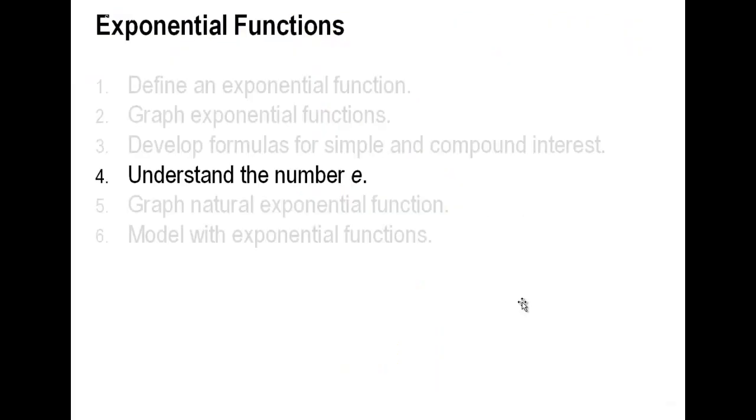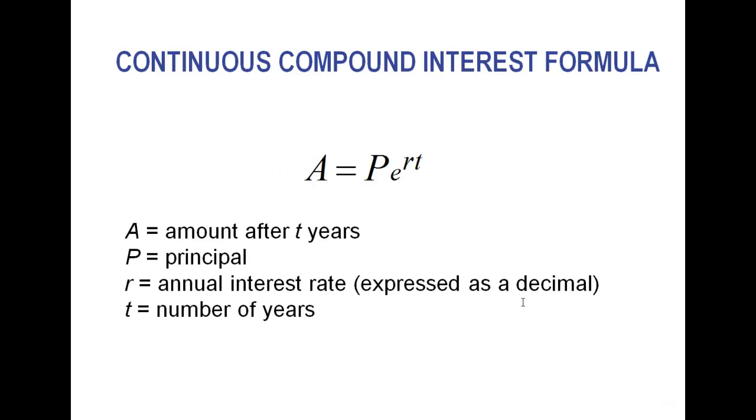Okay, the number e. We already talked about the number e before as being a typical exponential function. And I also mentioned that if we're doing continuous compound interest, we have a slightly different formula. This is the one, and it involves e. Oftentimes students will try and remember this as A equals PERT, P-E-R-T.